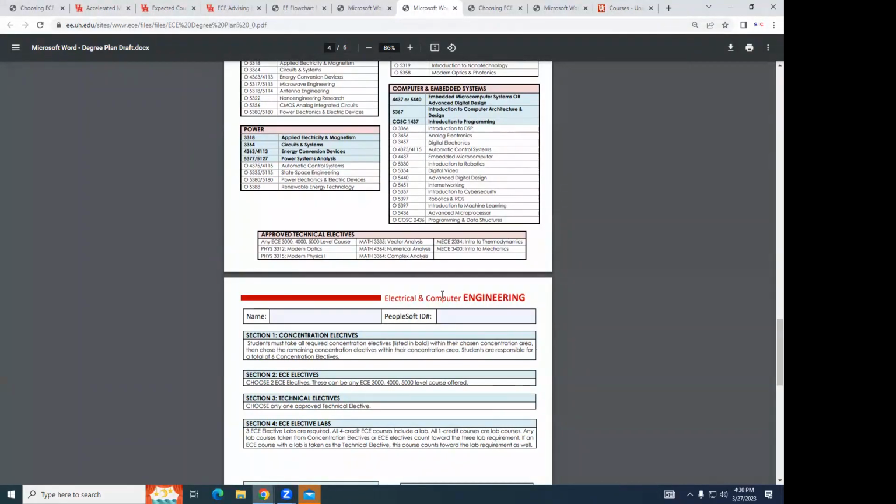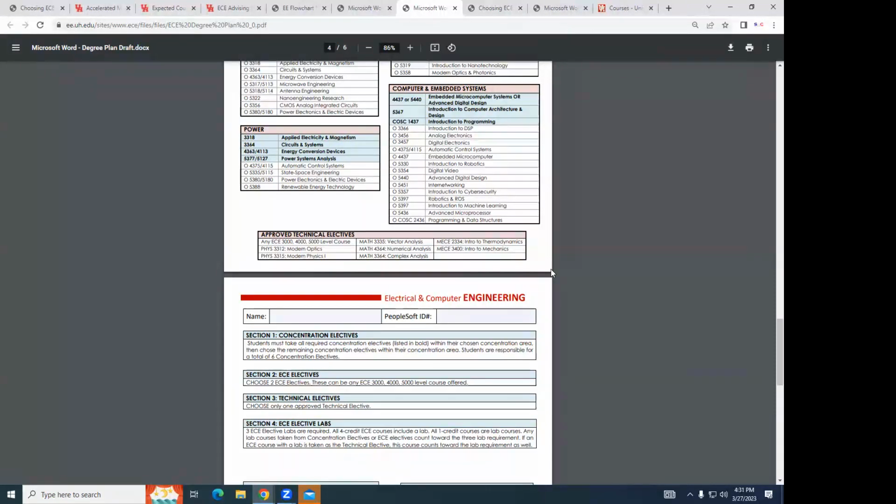It's about classes. Is it a good idea to take applied EM and signals and systems at the same time? Well, if the prerequisite structure allows you to do it, then fine.